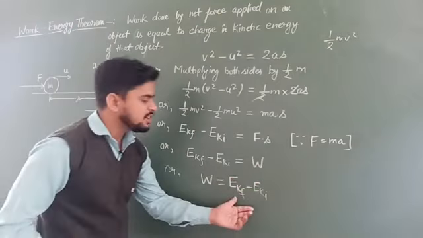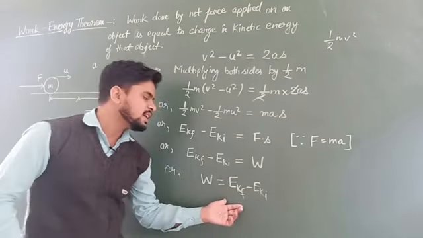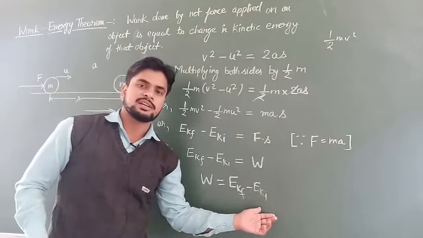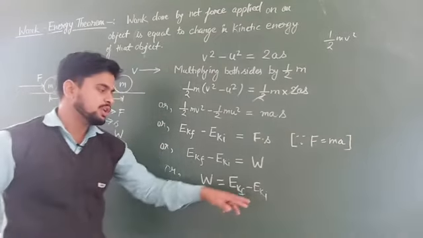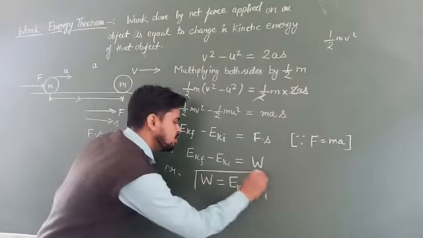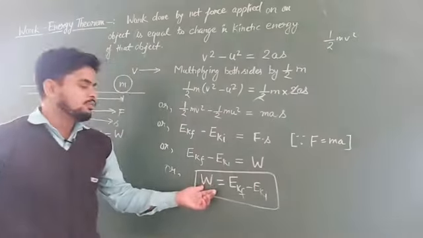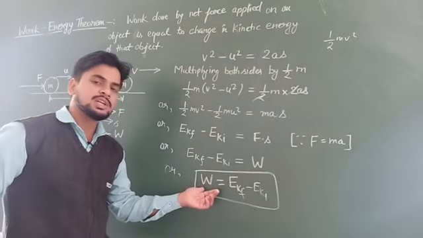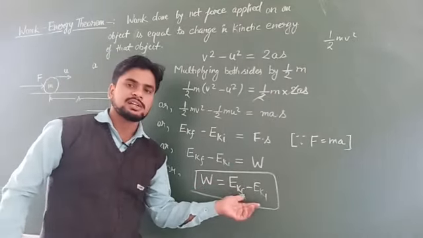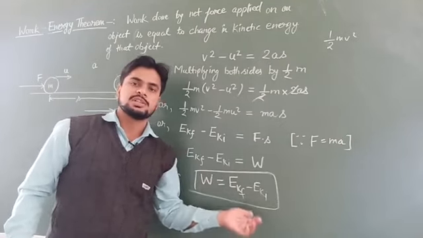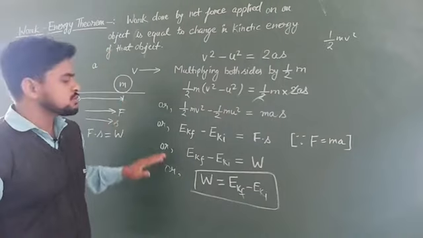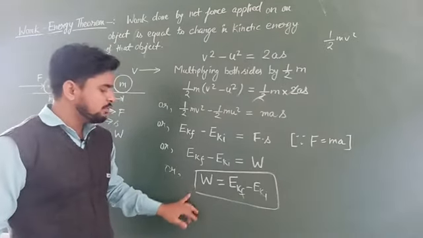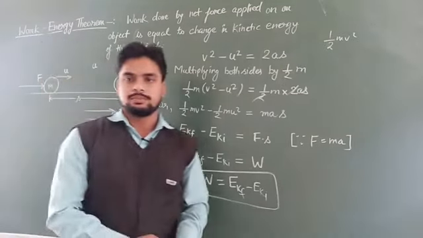Now what is E_K,F minus E_K,I? Final kinetic energy minus initial kinetic energy, meaning change in kinetic energy. So with the help of this expression, net work done equals change in kinetic energy of that object. This is the work energy theorem. Okay students? So this is the proof of the work energy theorem.